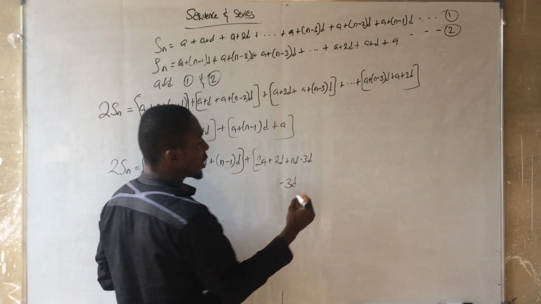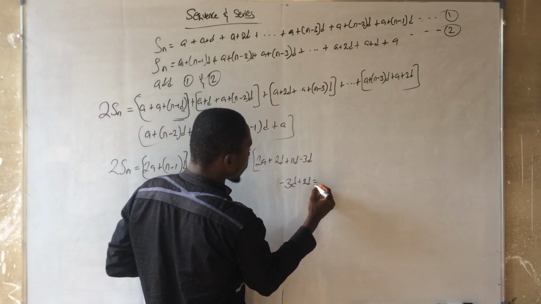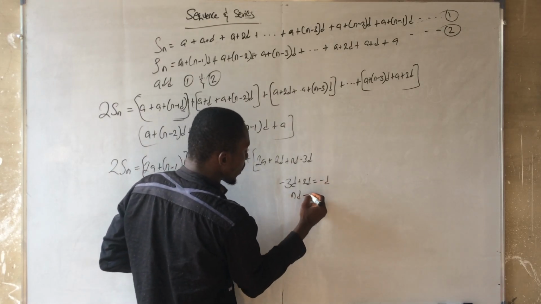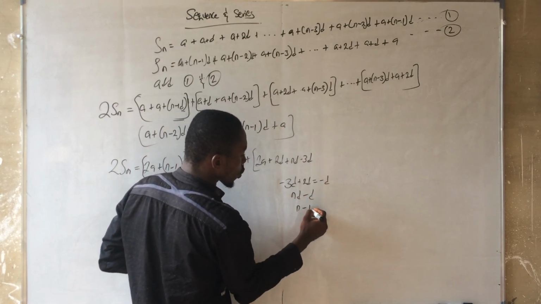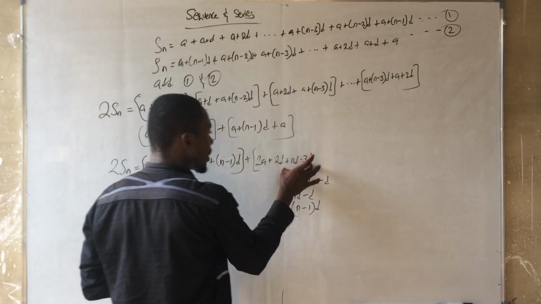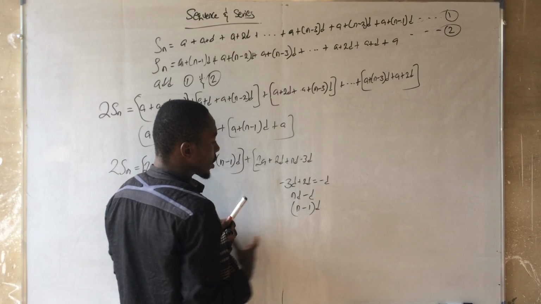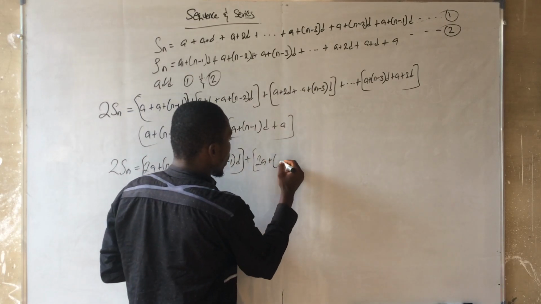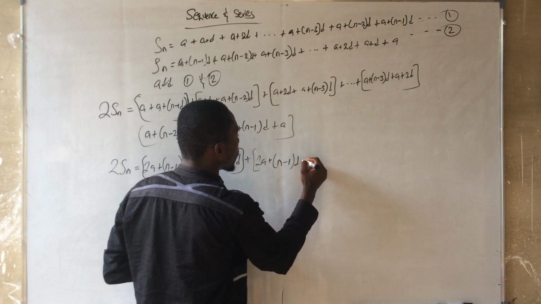We have minus 3d plus 2d is going to give us what? Minus d. And here we have nd minus d, and this is n minus 1 bracket d. So instead of writing this, I'll just write this because I've shown it here. So we have what? N minus 1 d.